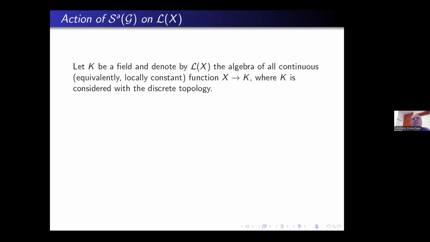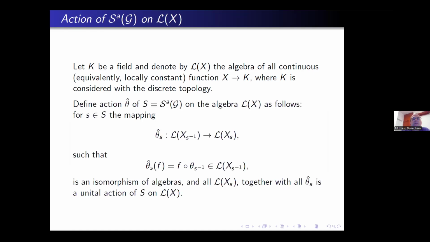Let K be a field, then L_K(X) is the algebra of continuous functions which you mentioned already. Now, continuous is the same as locally constant, if K is considered with the discrete topology.